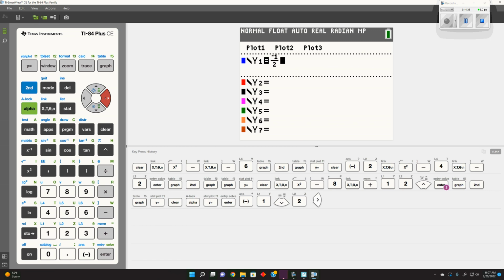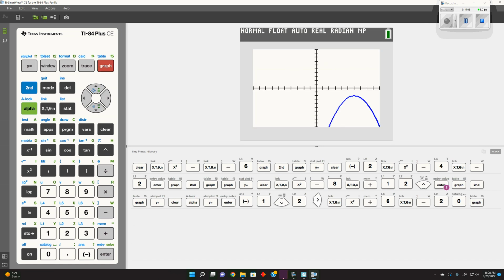Now, I know there's at least one calculator that I need to update the software. So where does it cross the x-axis?